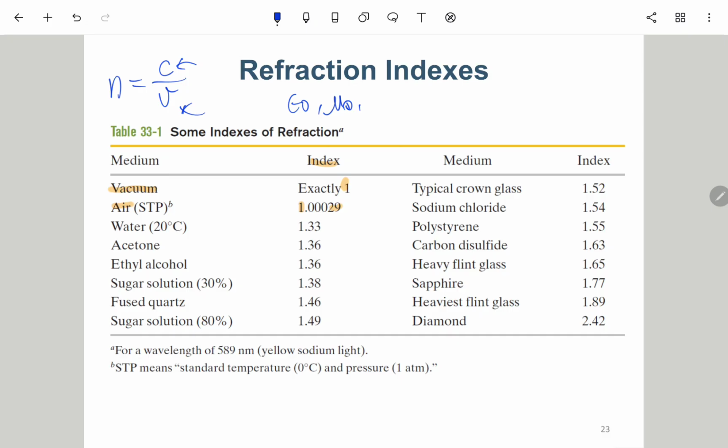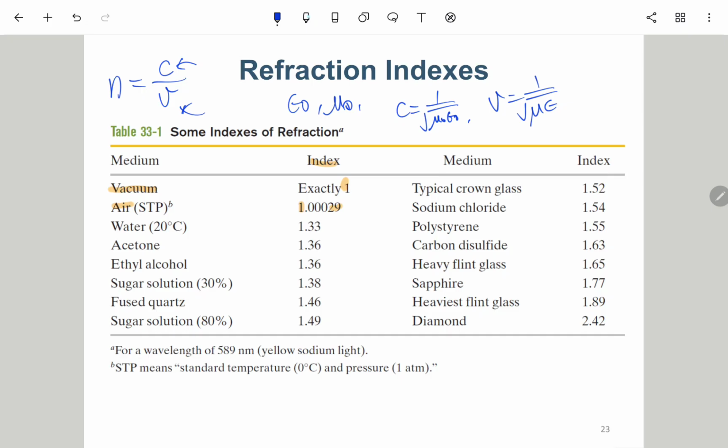So the speed of light c is of course 1 over the square root of mu naught epsilon naught, and v is 1 over the square root of mu epsilon. If they are very close to mu naught and epsilon naught, then v is very close to c. But if it is a magnetic material, mu might be much larger than mu naught, or if it is a dielectric, then epsilon will be much larger than epsilon naught.